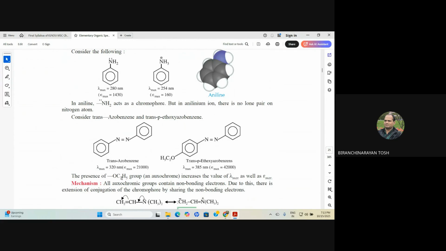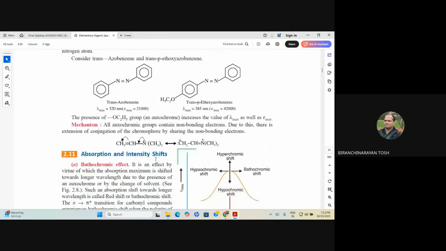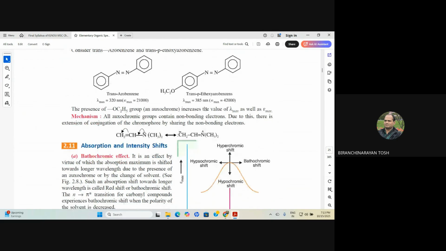So the oxochrome, that is the ethoxy group, increases the lambda max value. Why? Because the oxochrome participates in resonance or conjugation. Due to this conjugation effect, the energy decreases or wavelength increases.